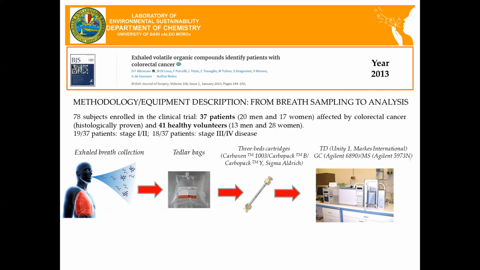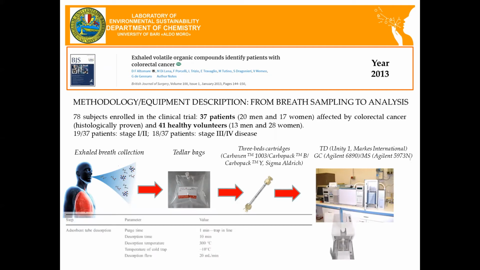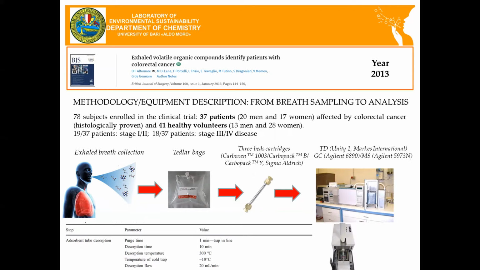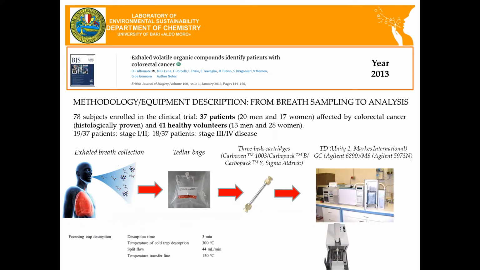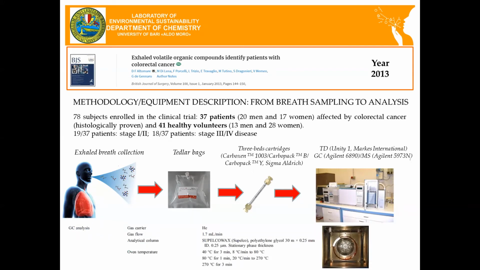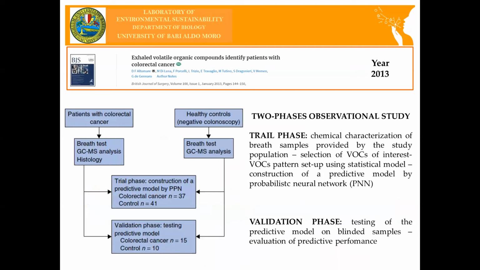After being collected inside Tedlar bags, breath samples were transferred to adsorbent cartridges. The cartridges were then thermally desorbed and analyzed by GC-MS. The entire methodology was set up and optimized, paying attention to each single phase of the analytical procedure and choosing the best available technologies at the moment.